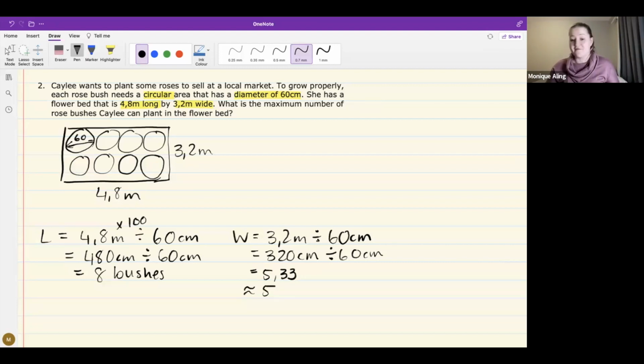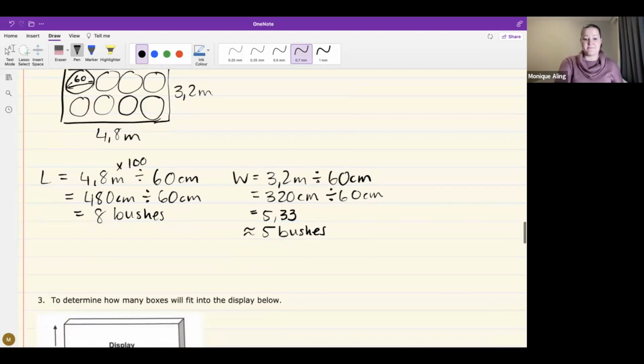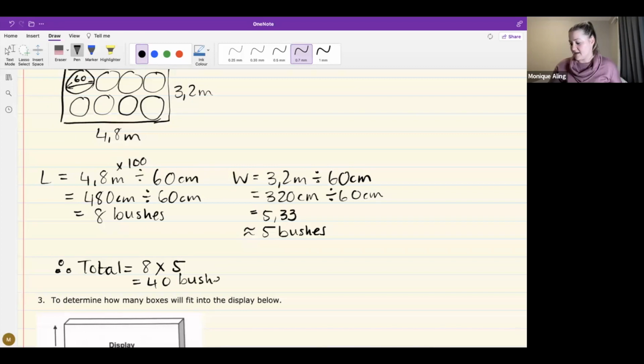Can only fit 5 bushes. Okay, and our usual total, 8 times 5, which means we can fit 40 bushes into that flower bed. Nice.